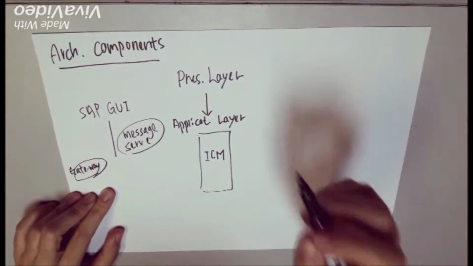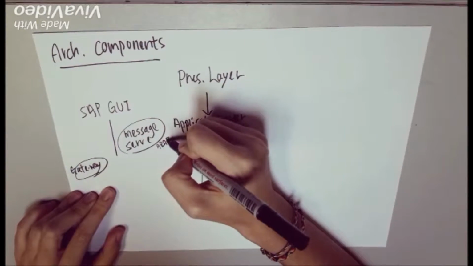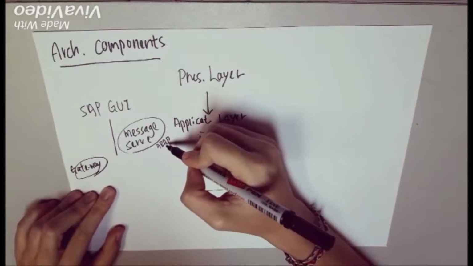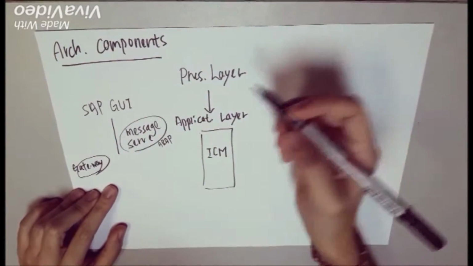ABAP stands for Advanced Business Application Programming, which is a first-generation programming language.